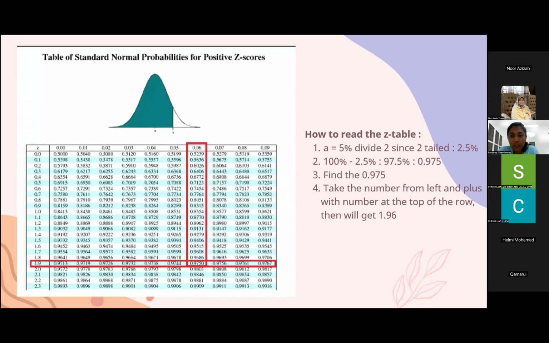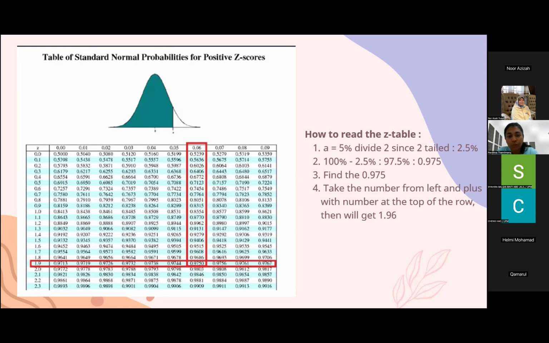For the Z value for two tails, we have to divide the 5% and we will have 2.5. So 100 minus 2.5 is 97.5. We change it by dividing by 100, and we get 0.975.